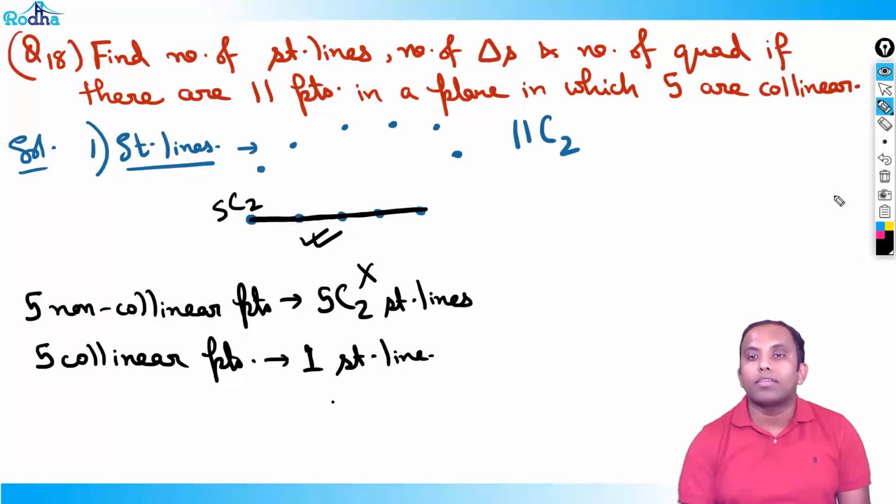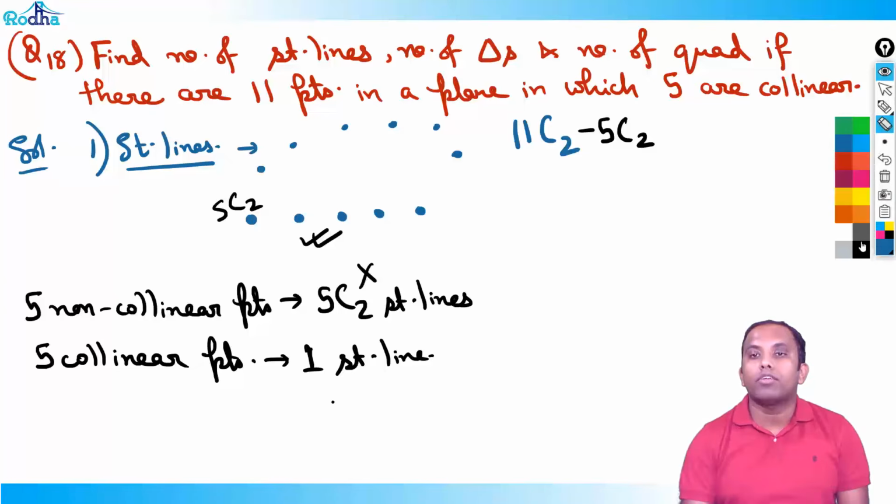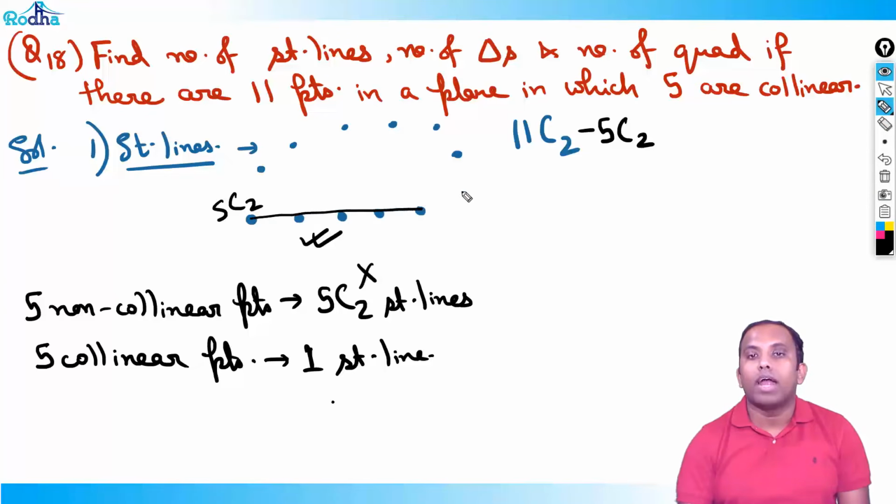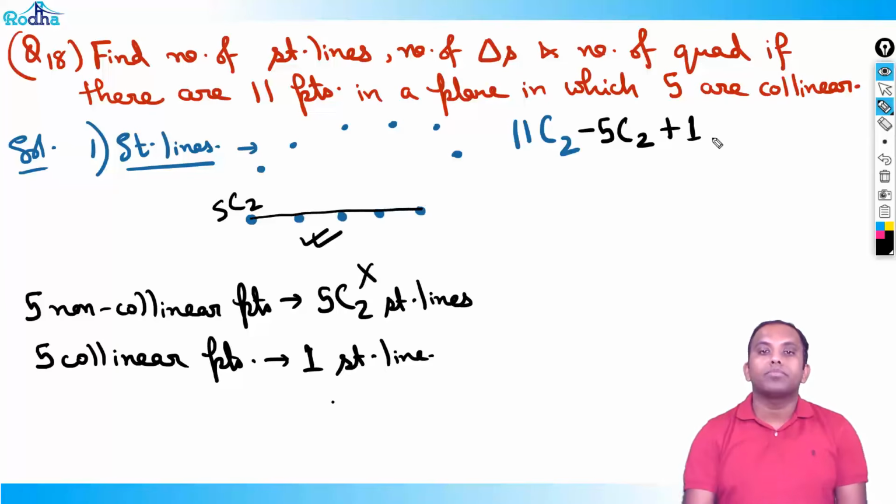So I'll subtract that case, minus 5C2, and this whole set of lines is gone. But 5 collinear points give at least one line, so I should add one. So 11C2 minus 5C2 plus 1. You can solve it.